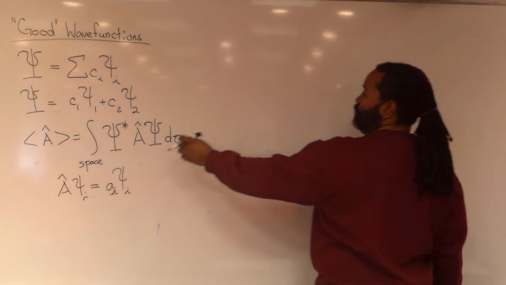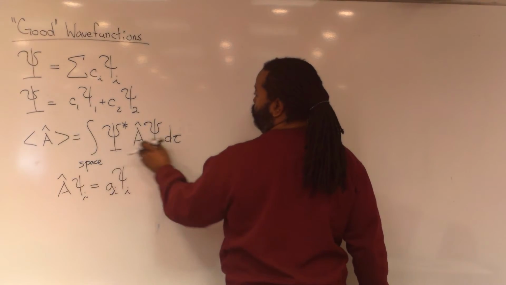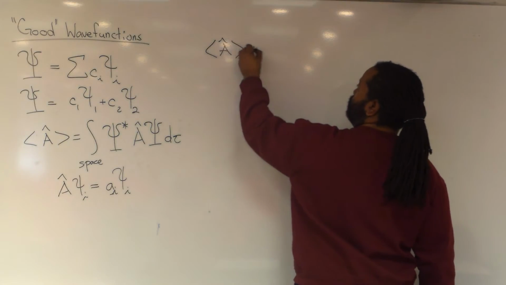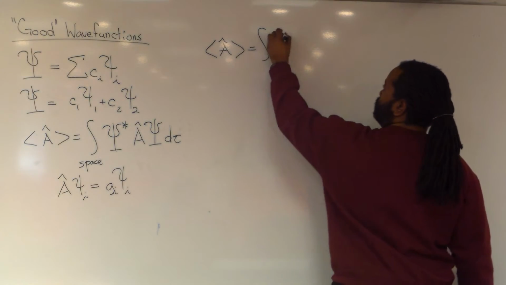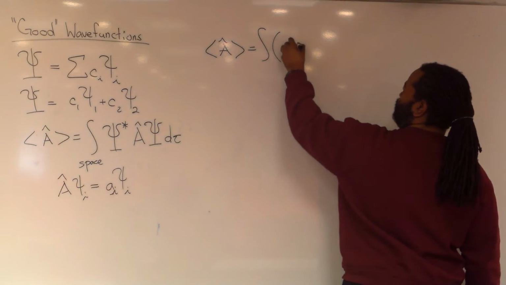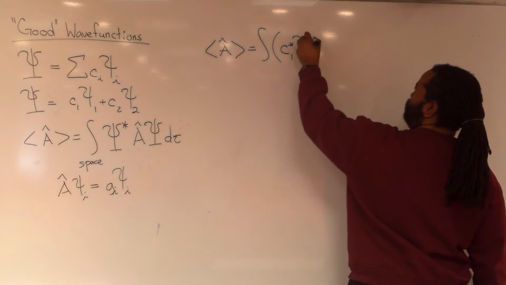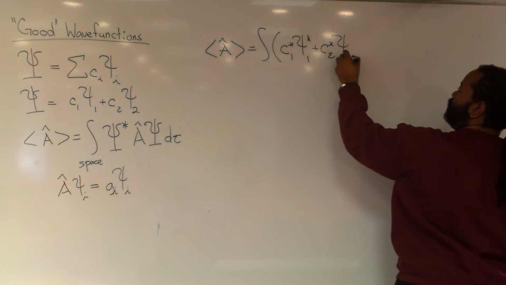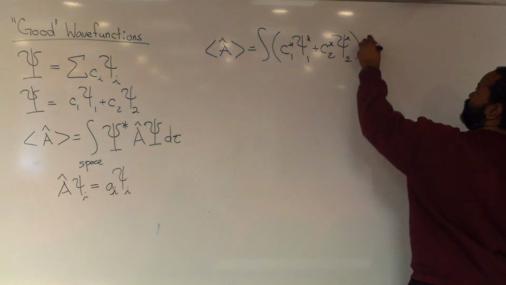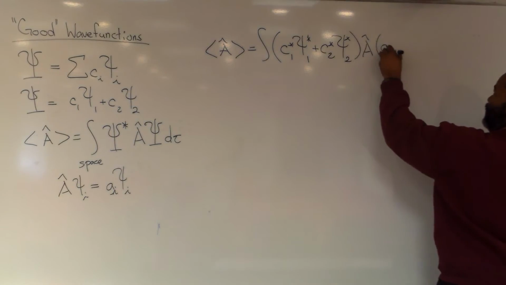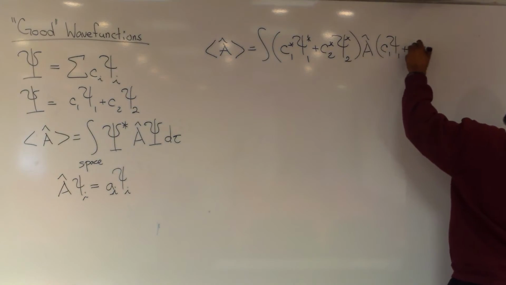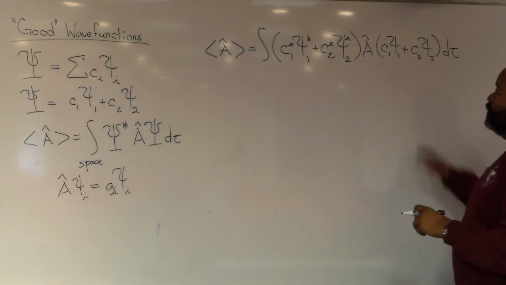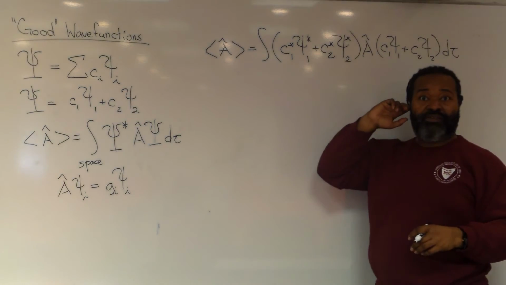So at this point we have everything we would need to evaluate this integral. So the first thing we want to do is substitute in for the full wave function. So our average value, we're going to have the integral, and because this is the complex conjugate, we want to conjugate everything. Operator, and then the regular version of the wave function. So now at this point we've expanded all this out.